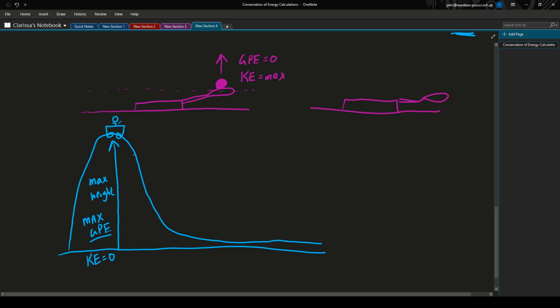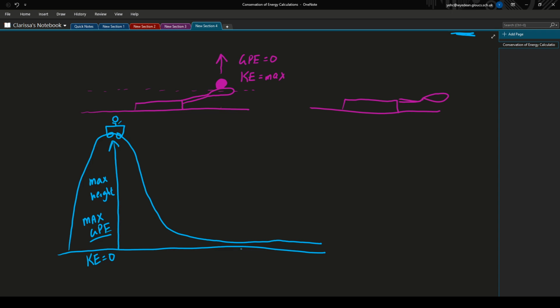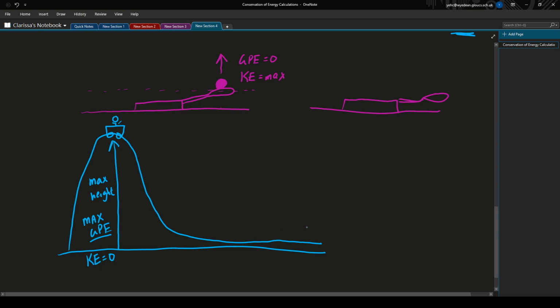But then as you fall down here, you start picking up speed. And thinking about the energy stores, whenever you pick up speed, you're also increasing your kinetic energy. So by here in your journey on the roller coaster, your kinetic energy is at its maximum point.